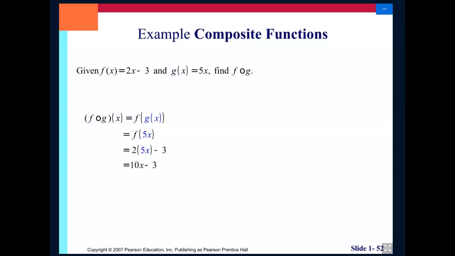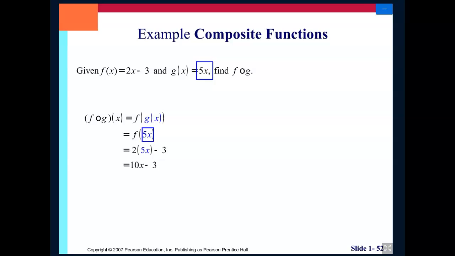Okay, let's go over a couple of these examples. So we have f of g of x. And when we do that, it's really the same as saying f of g of x. So we plug g of x, which is up here, into f.